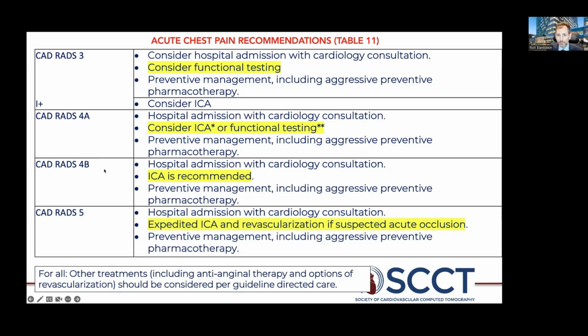In 4B, similar to stable chest pain, 4B is going to be 3-vessel disease or left main disease. At this point, we think you should go straight for invasive angiography when you have that particular finding. CAD-RADS 5, when you have an obstructed lesion, if there's suspicion that this is an acute obstruction, this is where we would now recommend expedited invasive angiography.